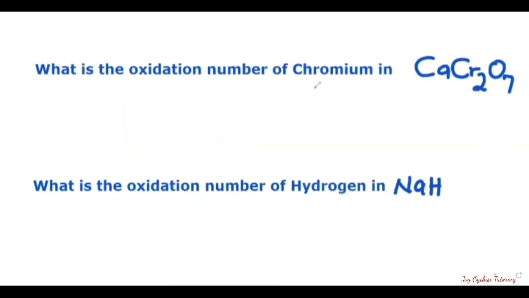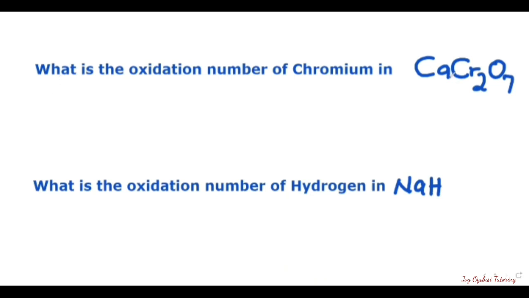So here we were asked to find the oxidation number of chromium in this compound. All right, so calcium is group 2 elements, and we were told that group 2 elements we have +2 charge.